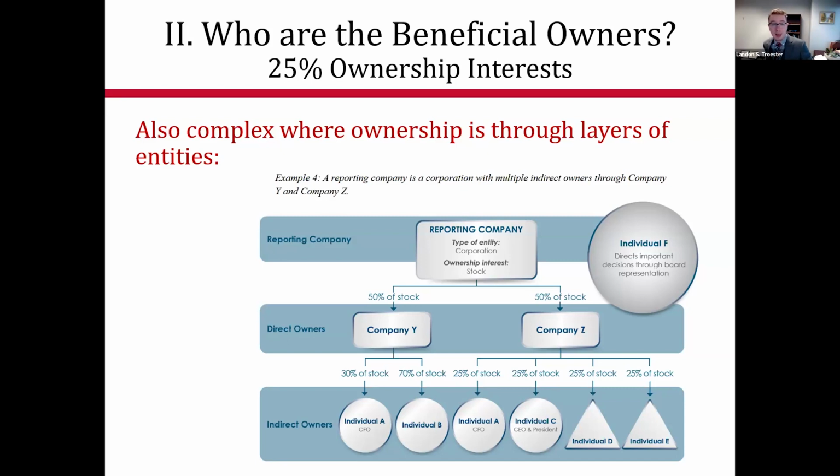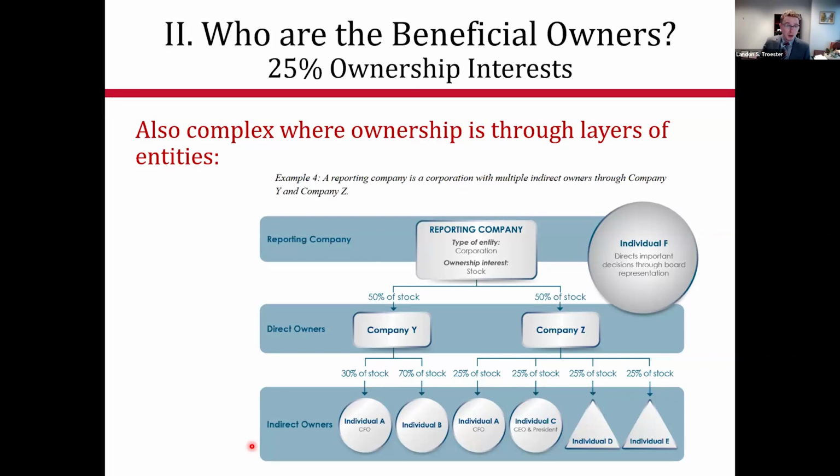You'll see individual A is on there twice, both owning a portion of company Y and a portion of company Z. And so the question is, who are your beneficial owners under both the 25% test and substantial control elements?